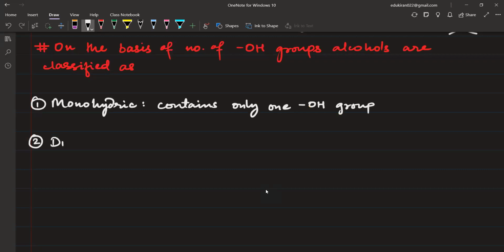Second, dihydric. Contains only two OH groups. Third, trihydric.